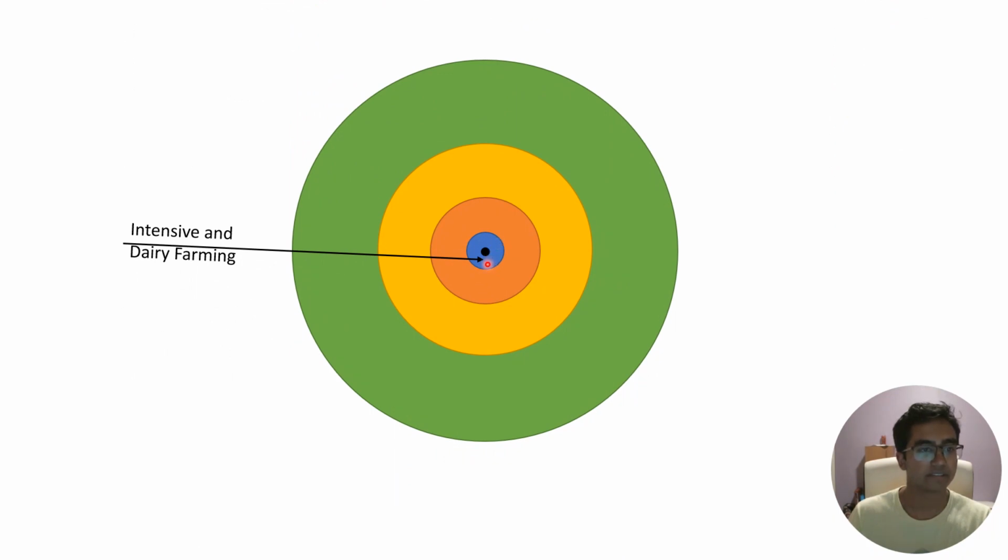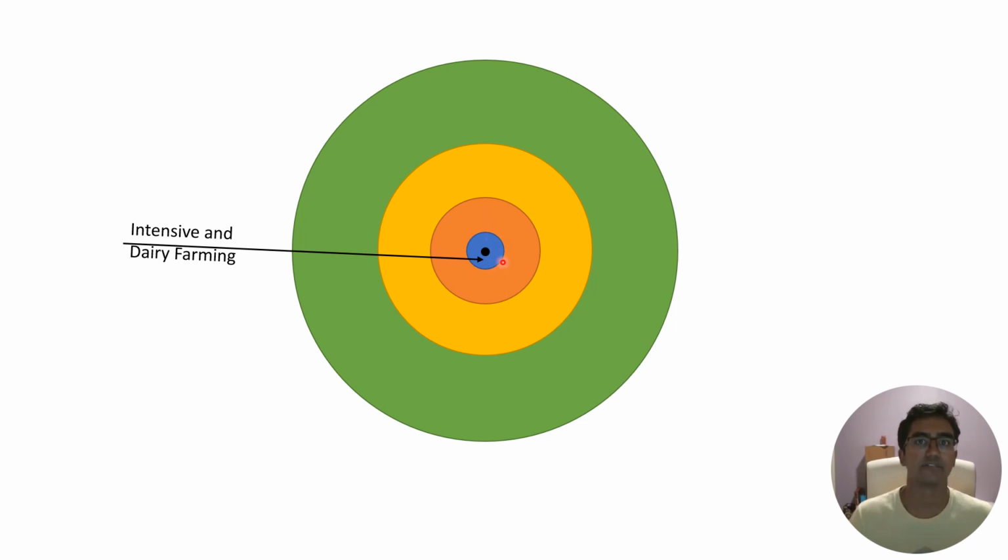Now, outside of the city center, you're going to have your first concentric ring. That's going to include intensive and dairy farming. So this is going to be where your fruits, vegetables, and flowers are going to be grown. And your dairy farming is going to occur here too. And the reason for that is because fruits, vegetables, flowers, dairy, they all spoil really quickly.